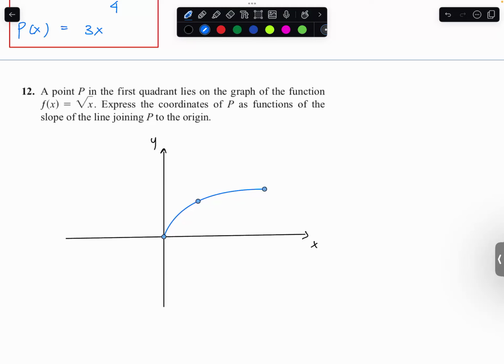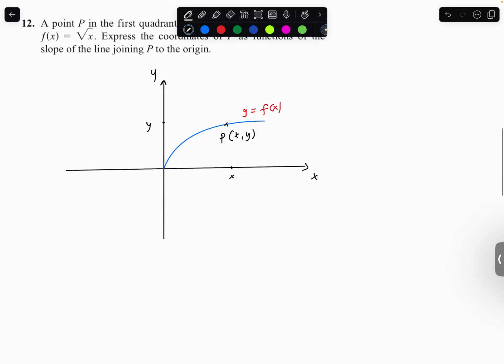We can represent this as y equals f of x. If we take any arbitrary point on this line, let's call this P, the coordinate of P is going to be x comma y, because this is our arbitrary x and this is our arbitrary y.